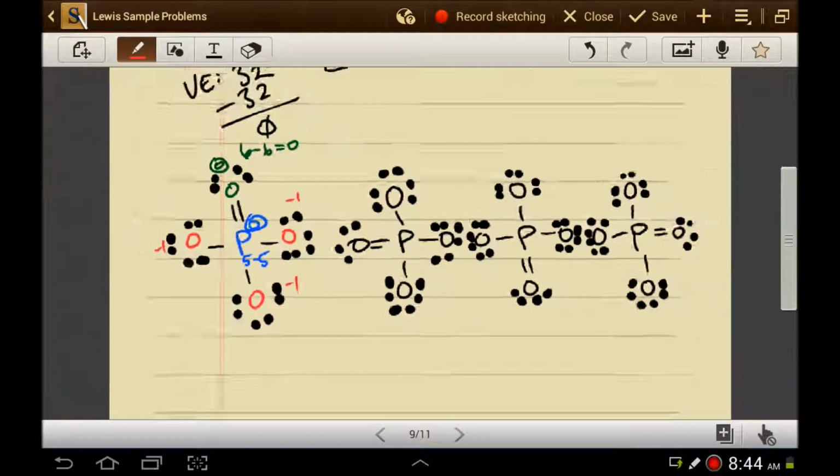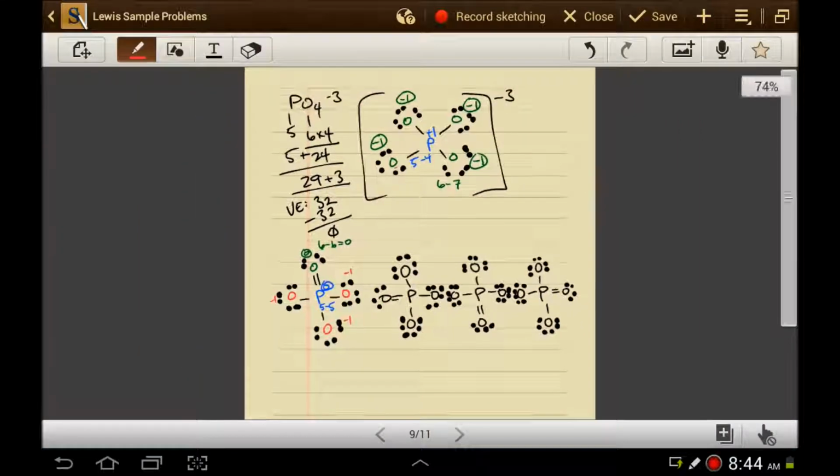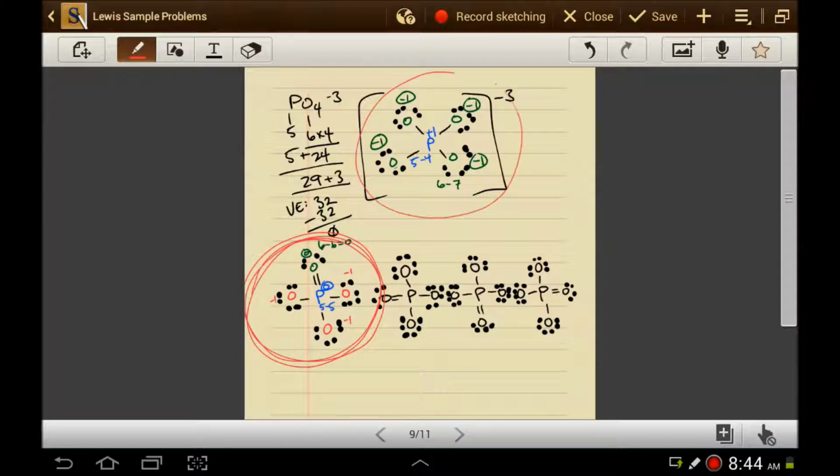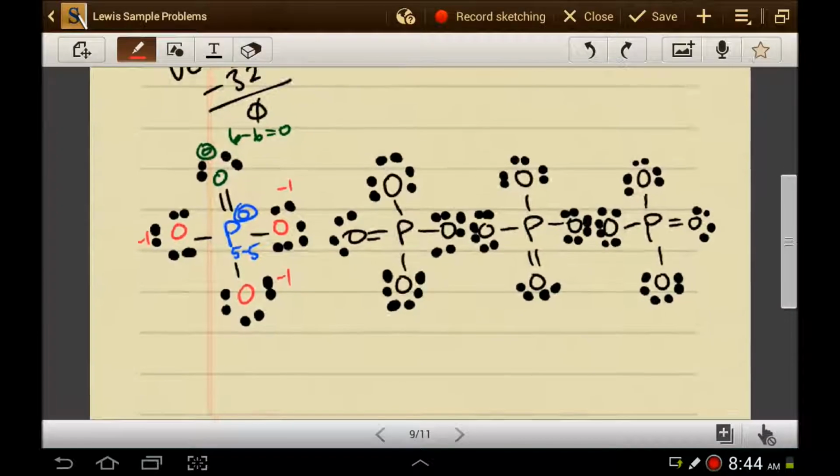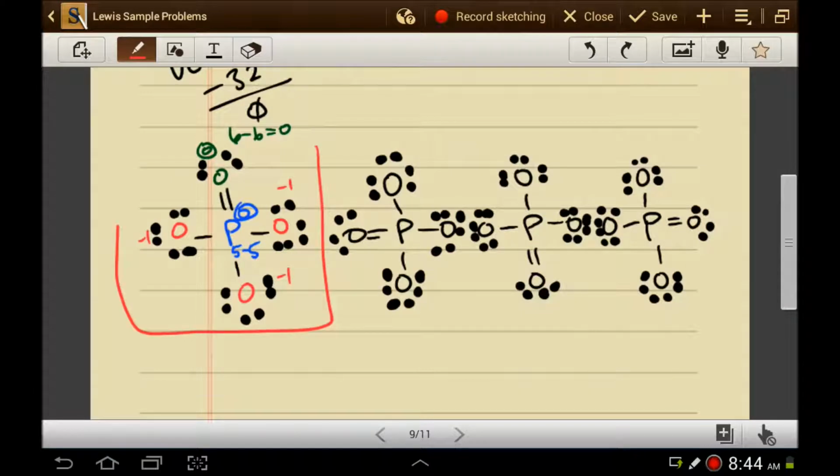That would mean that this resonance structure is actually more stable than this resonance structure because this one has more zeros. It's got 2 zeros as opposed to no zeros, which is why when you find phosphate, it's usually drawn with a double bond. Even though that expands the octet, even though we decided in the rules that that wasn't necessary, it's going to do that anyway because it has more zero formal charges.